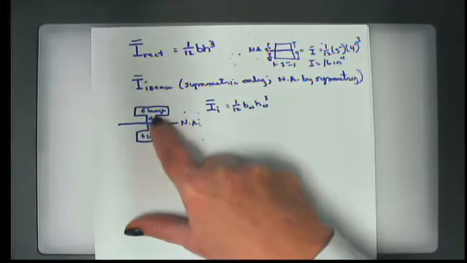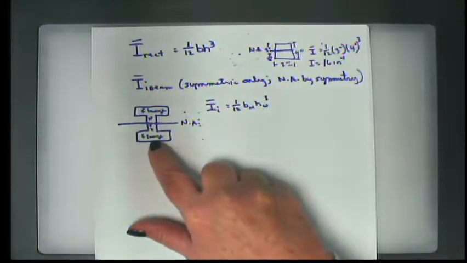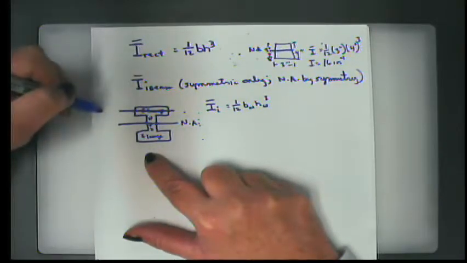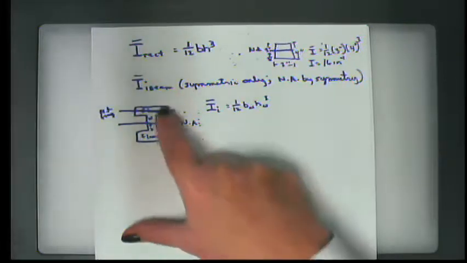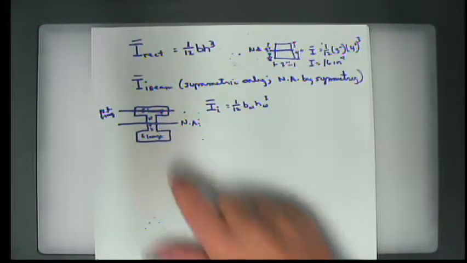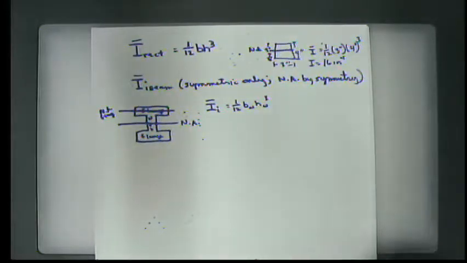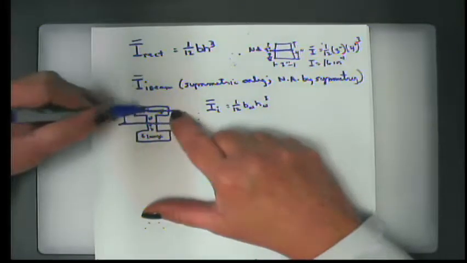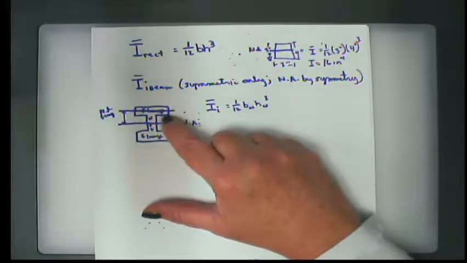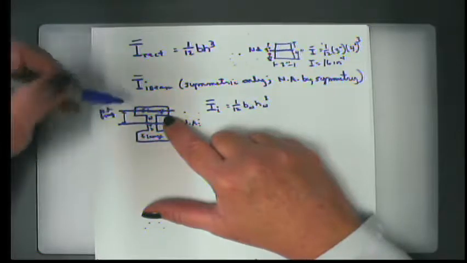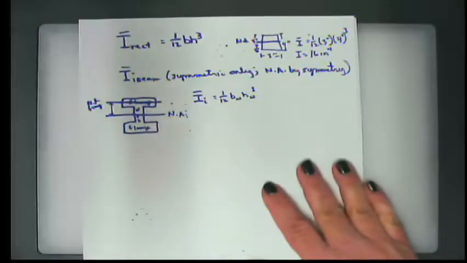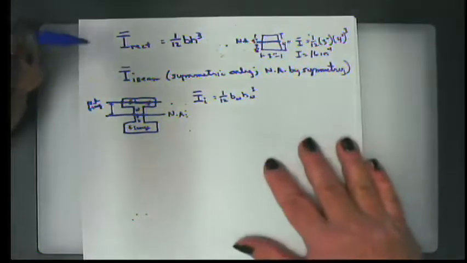But now we have to talk about the flanges, and to do that, the neutral axis of the flanges is going to be halfway through the flange itself, because if we folded the flange over on itself, the axis of symmetry would be right in the middle. So that means that we need to use the parallel axis theorem to move our moment of inertia from the centroid of the flange, or the neutral axis of the flange, to the neutral axis of the I-beam itself.